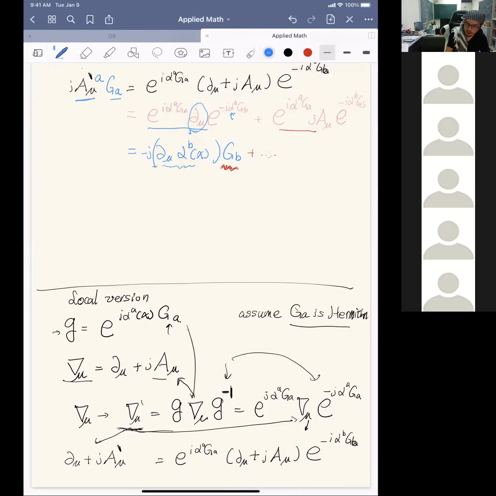So the number of generators in your transformation equals the number of gauge fields when you make the symmetry into a local symmetry. So in the previous case, when we have U(1), you only have one generator, right? Because it's just one. So in U(1), you just have one generator, and therefore the number of gauge fields or connections that you needed to introduce was only one.